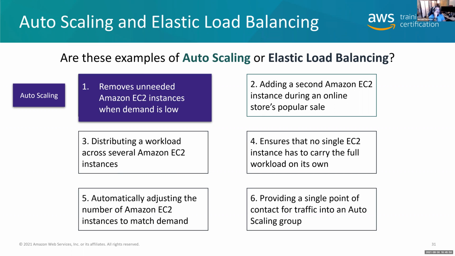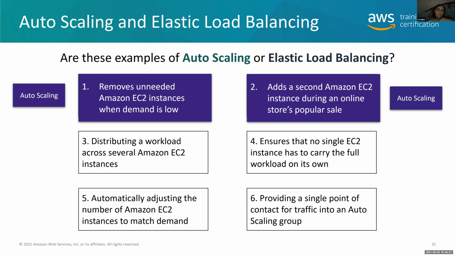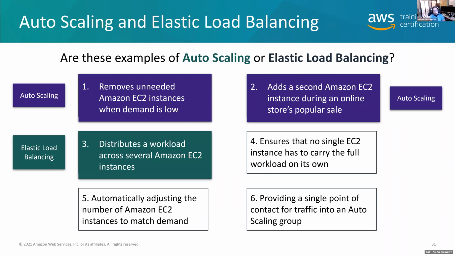All right. Number two, adding a second EC2 instance during an online store's popular sale. What do you think? Yeah, auto scaling. We're still adding virtual machines, right? So that's probably accurate. All right. What about distributing a network workload across several EC2 instances? Elastic load balancing. Right? Because now we're into network traffic.